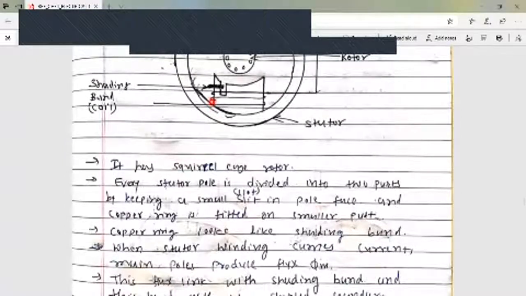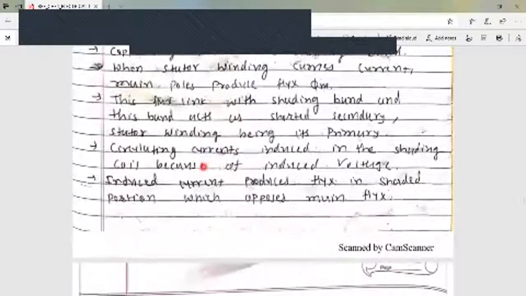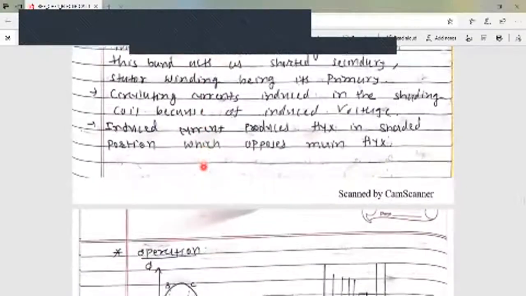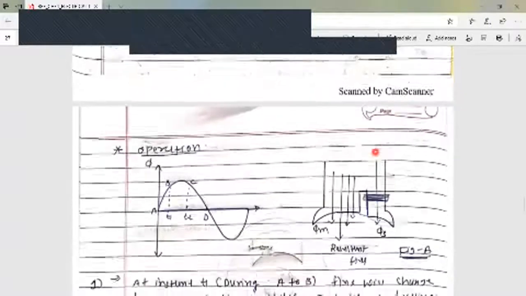But this flux links with this coil, and due to that flux, voltage is also produced in this secondary coil or shaded band, and this opposes the main flux phi. So induced current produces the flux in shaded portion, which opposes the main flux phi. Now we will see the operation in detail.